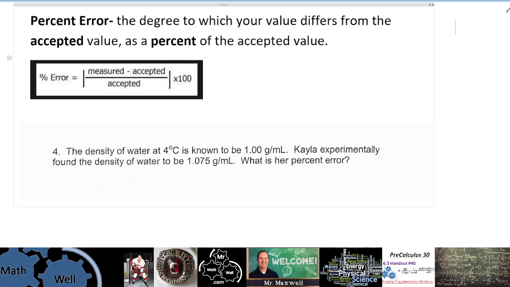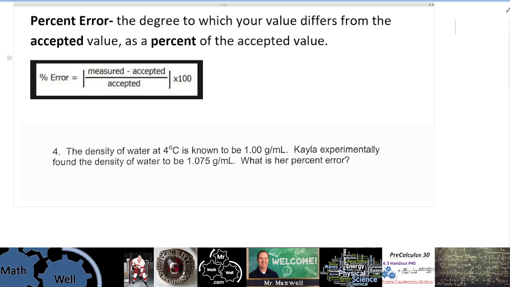But generally, the percent error is just how much off of the anticipated value are you. So you take the measured value minus the accepted value, and really because it's absolute value, it doesn't really matter which one you write first, honestly, because it's absolute value. So if you get a negative answer, you're going to change it to positive anyways.